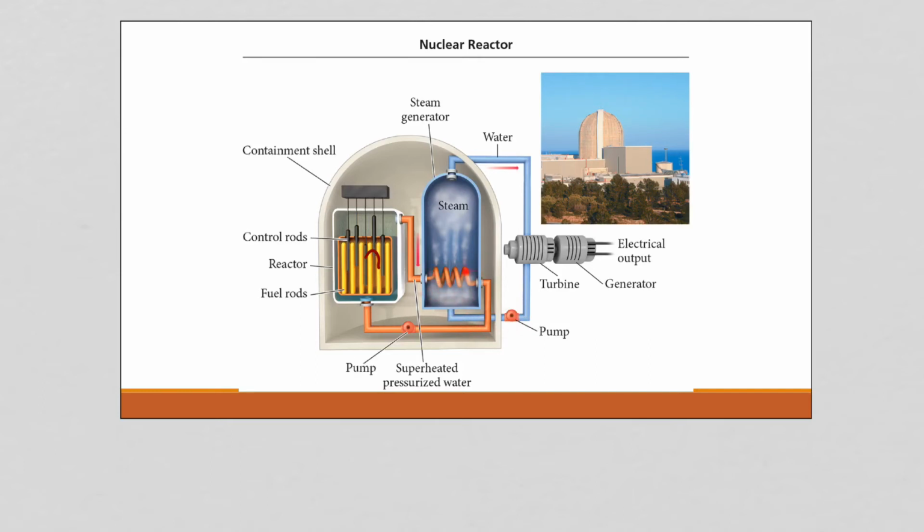This superheated water converts that into steam, which then goes out the top and goes into the turbine, which creates the electricity. So we can see there are two separate water systems here. There is the nuclear system, which is radioactive, and then there is the clean water system, right?